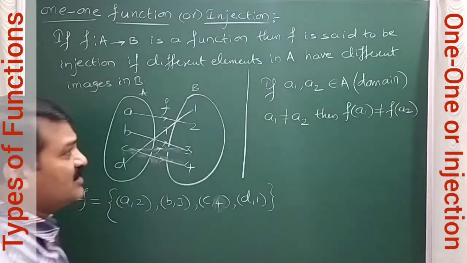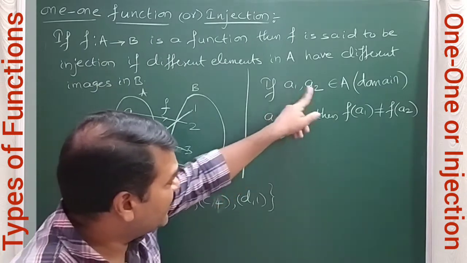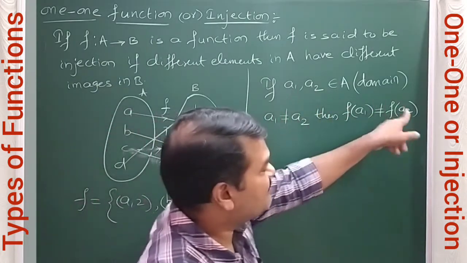This is the description of the definition. For different elements in the domain, their images must be different.